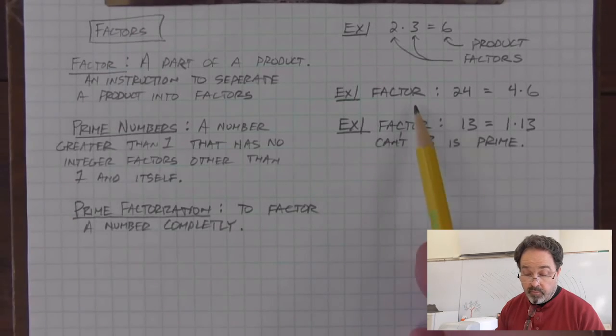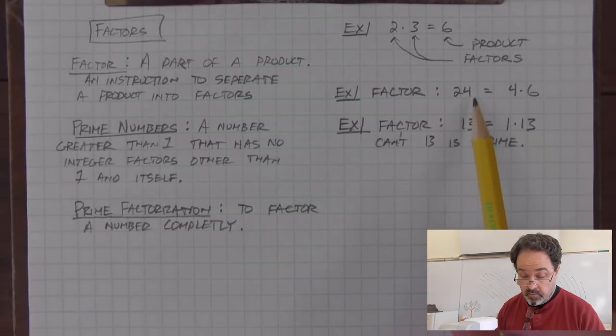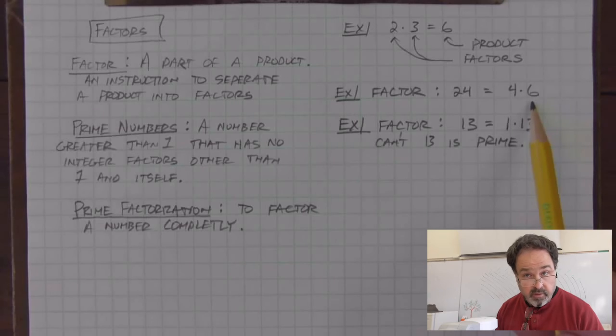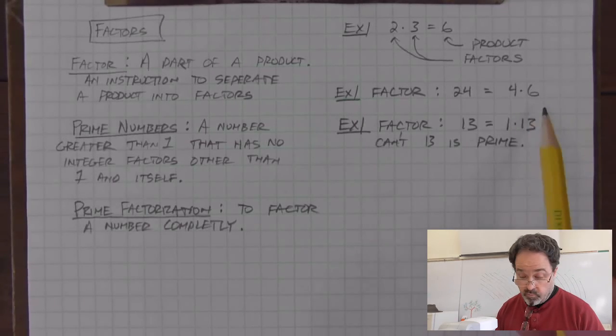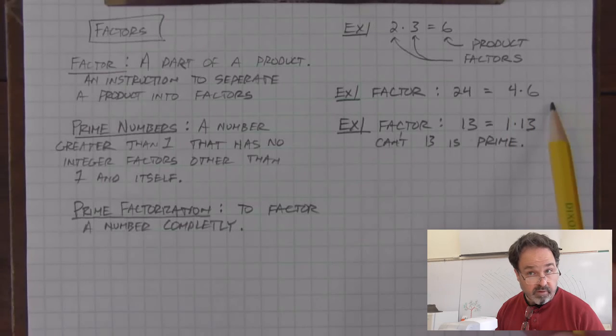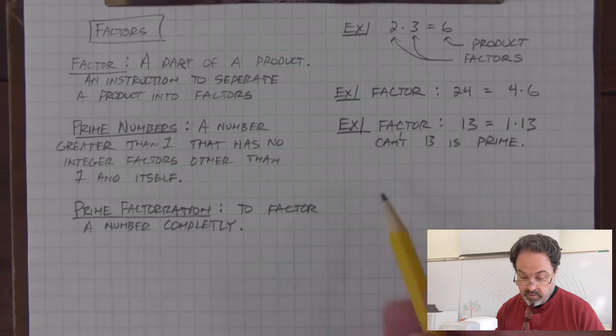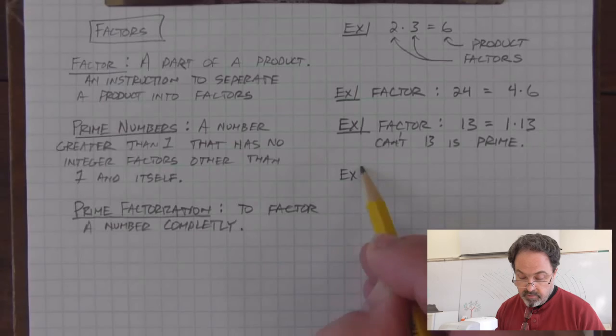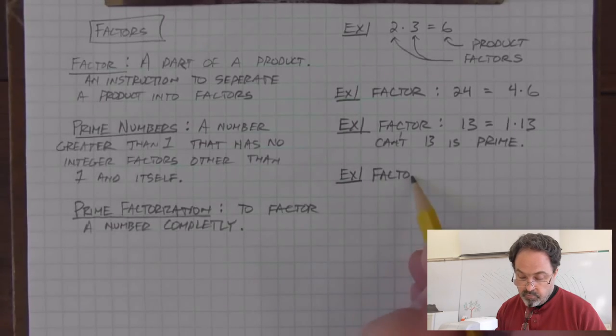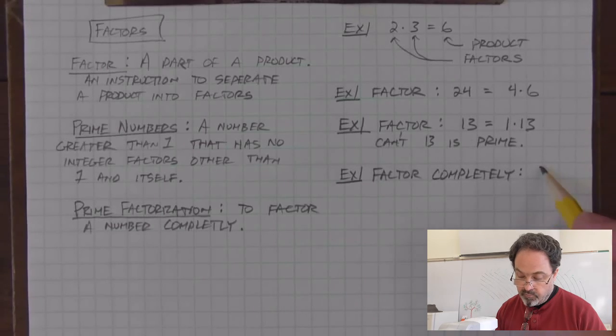We didn't do that when we factored 24. We expressed it as the product of 4 and 6, but we could have gone further because we could factor 4 and we can factor 6. So let's provide another example in which the instruction was to factor completely the number 24.